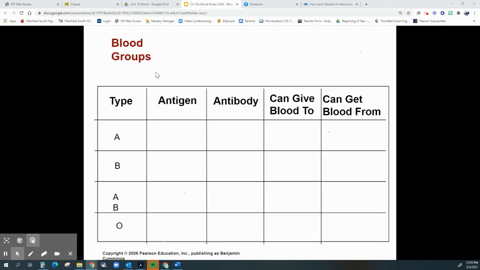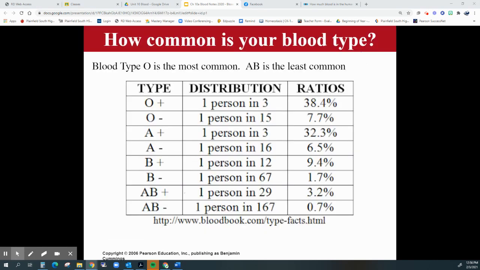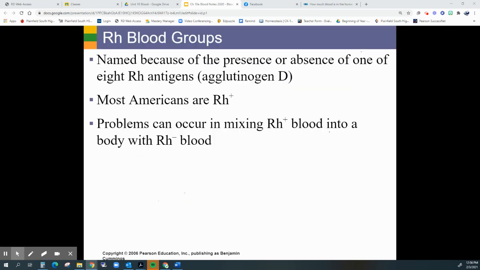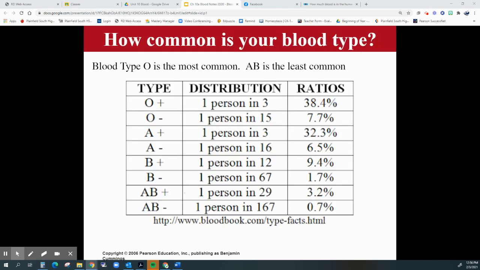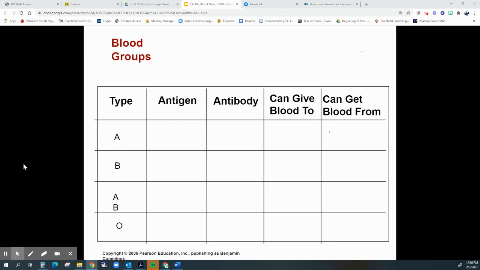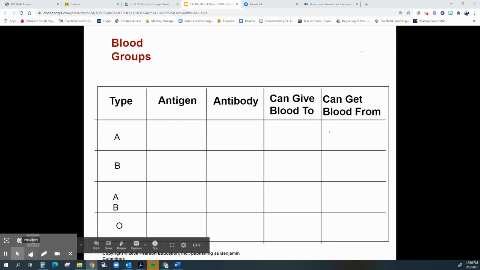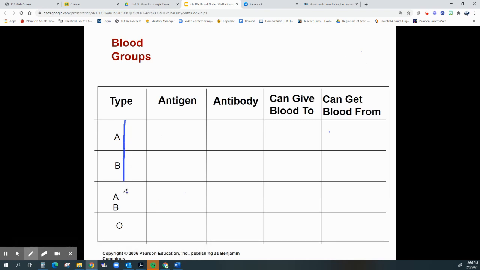I can even go back, because I don't think I've got that coming up in any slides. It just shows the different percentages. I want to go back real quick and take a look at this. If we split each one of these boxes down the center, we're going to make this individual A negative.